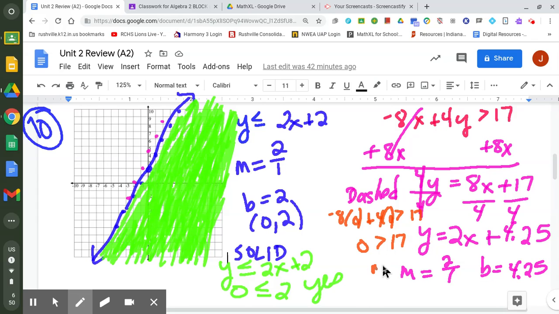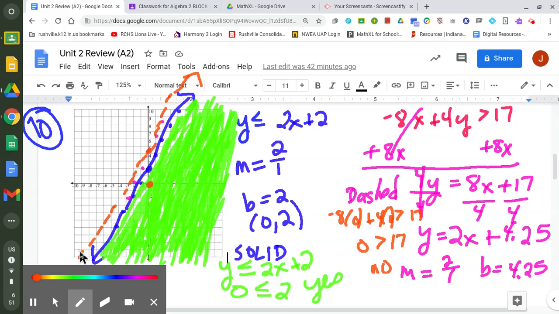That answer is no. So here is my test point. And this line is dashed, and it runs right alongside the blue line. And since I have a no here, I shade where that (0, 0) is not. So that would be on this side of the equal sign.